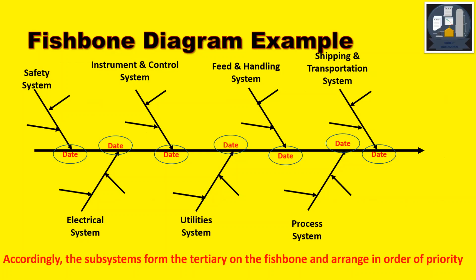These systems form the tertiary on the fishbone, which represents the subsystem. And also we see that the completion dates can be put. So this represents how we proceed date-wise.